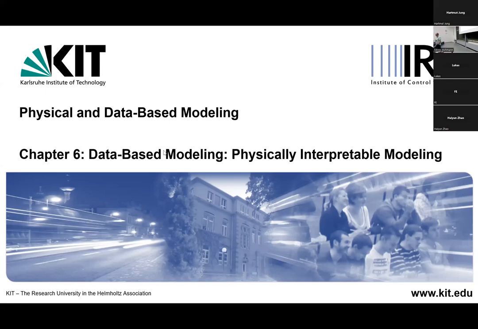From a practical point of view, yes, we use the sampled data systems and we try to do this kind of modeling, but sometimes it's of interest to get a better insight into the physics behind. So now we try to go away a little bit from this pure black box approach.